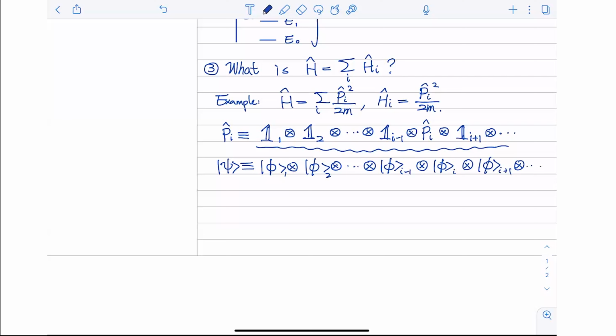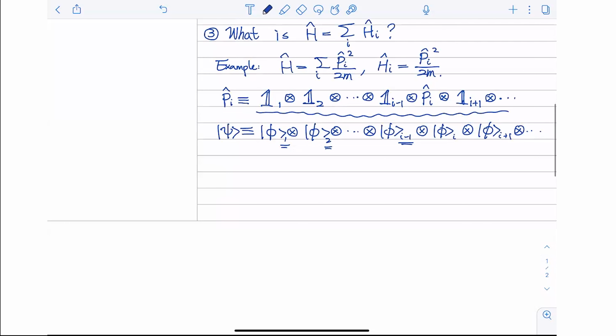Here the labels 1, 2, and i-1, outside of the angle bracket, represent the index of the corresponding Hilbert space. So this is the expression of the many particle wave function.